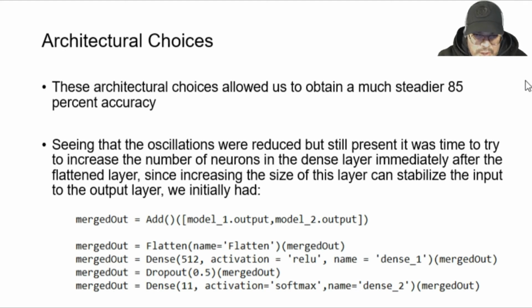So with these choices, we obtain a much steadier, a little bit higher than 85%. But seeing that the oscillations were reduced but still present, I decided to increase the number of neurons in the dense layer immediately after the flattened layer, this layer right here, because that is also known to stabilize the output.